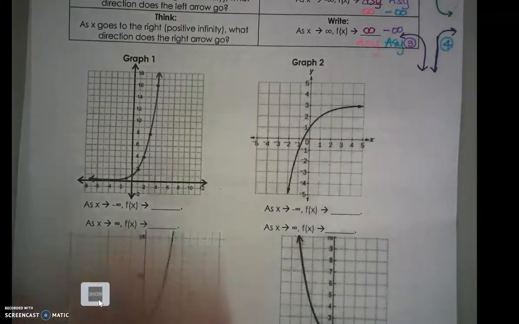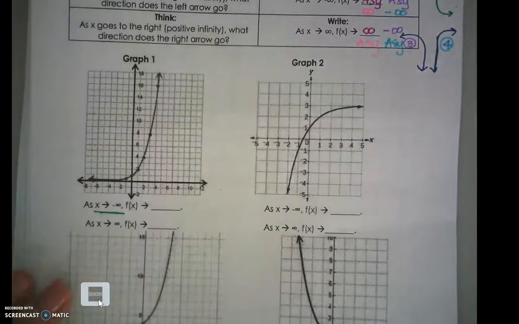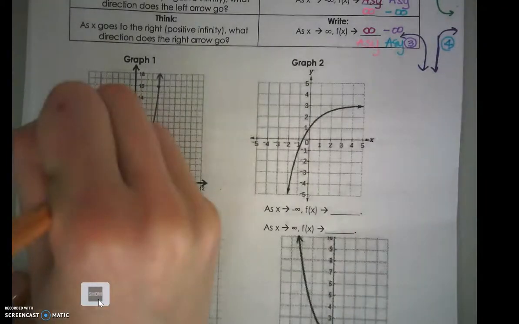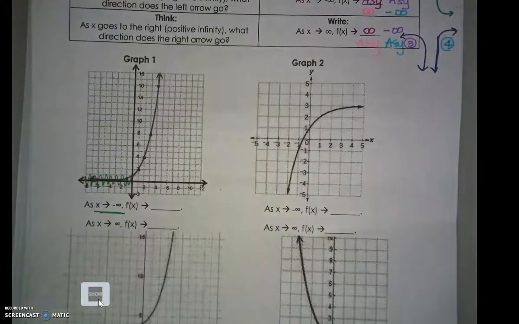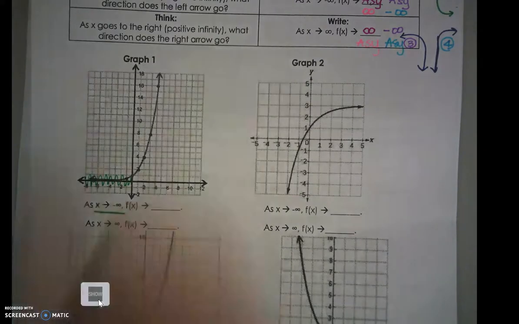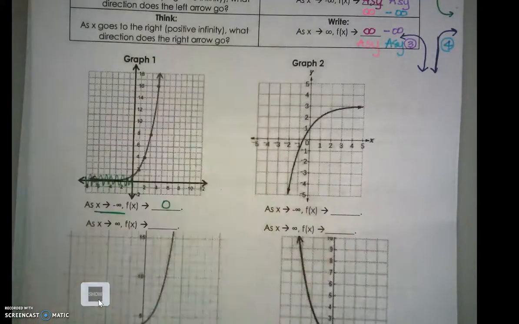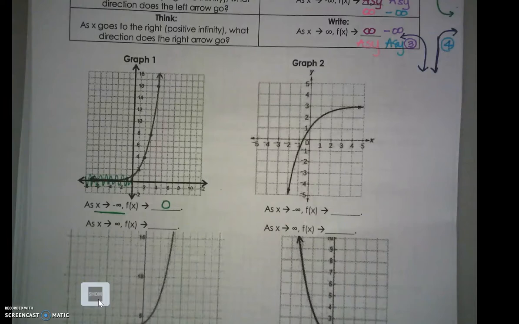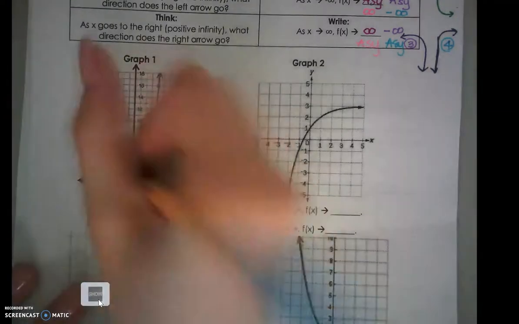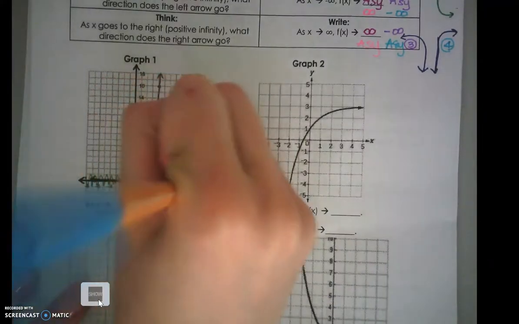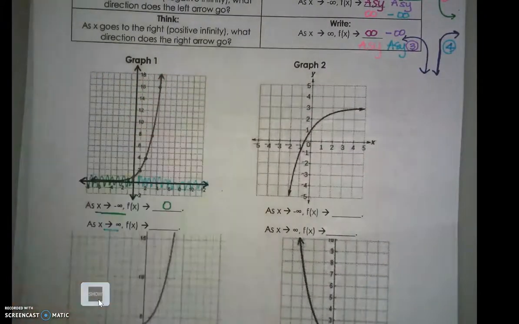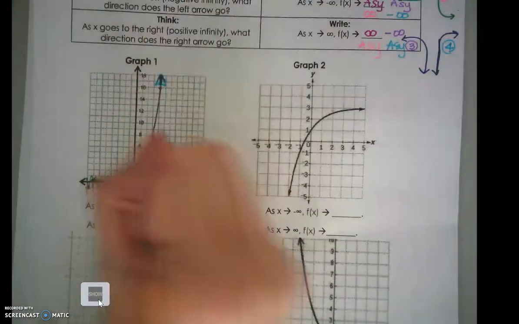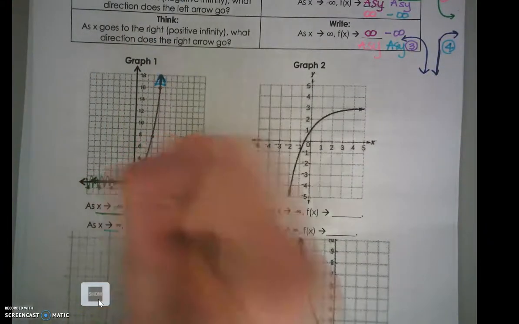So let's look at these examples here. When I'm talking about a negative x value, that is this area right here. Those are negative x values. My graph is approaching my asymptote, which is at 0. Now, when I go over here and I talk about my positive x values, this part of my graph is headed towards positive infinity.